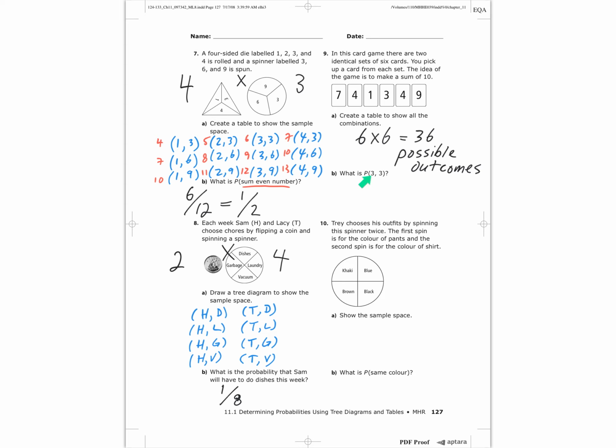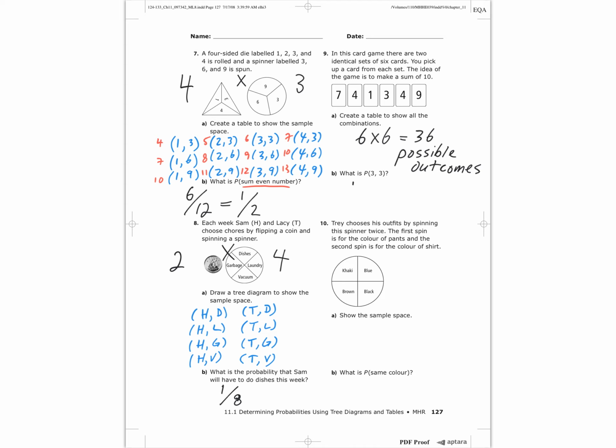What's the probability of getting a 3 followed by a 3? Okay, so how many 3s are in this first set of cards? There's just 1. And then how many would be in the second? Again, just 1. So what would be the probability of getting a 3 followed by another 3? It can only ever happen once.